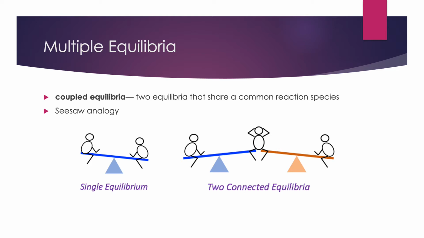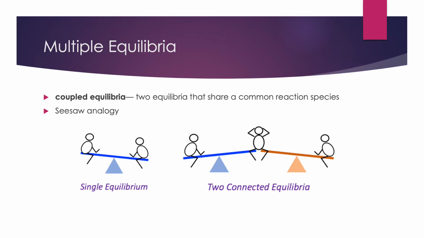Now, the best analogy I can come up with for this, and it's a little bit hokey, is to imagine two people sitting on a seesaw, and they can find an equilibrium point, that is a point at which the two of them would be stably sitting without rocking up and down, and it's more or less based on how far they are from the center of the seesaw and how heavy they are.